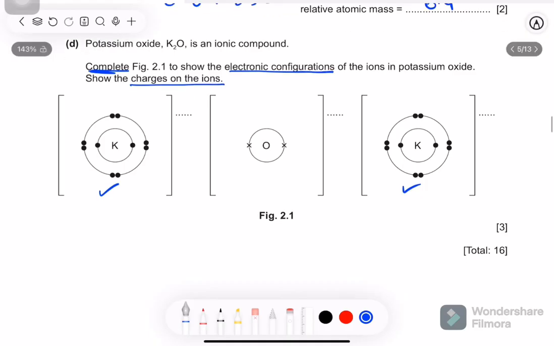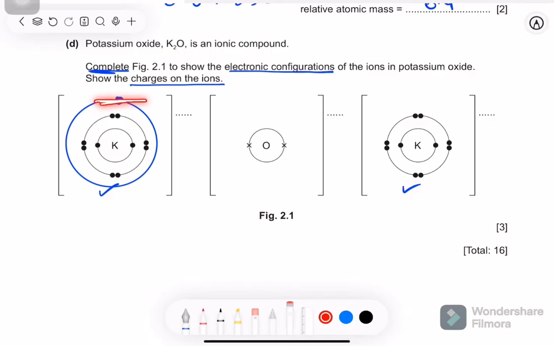Now potassium is in group 1, meaning that it will donate one electron. Group 1 meaning it has one electron in its outer shell. Originally this was this, having one extra electron over here. When it loses this electron, it loses this shell. This shell is gone, giving it a complete octet.